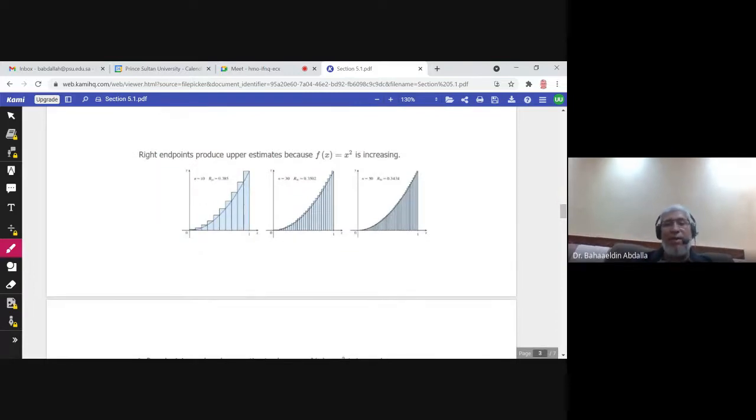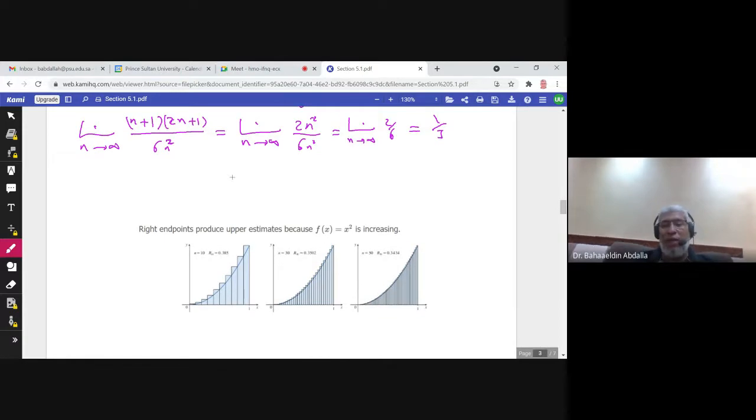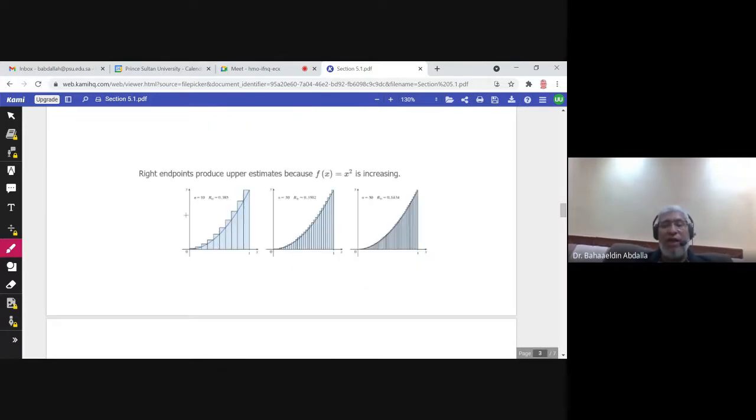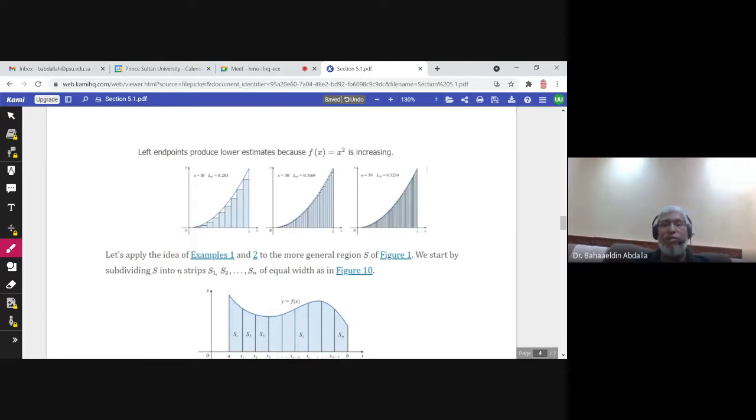Pay attention to this point. If you deal with the right end points and the function is increasing, so always you will have an upper estimate, which means your estimate would be higher than the actual area, because the function is increasing and the rectangles would be always above the region.